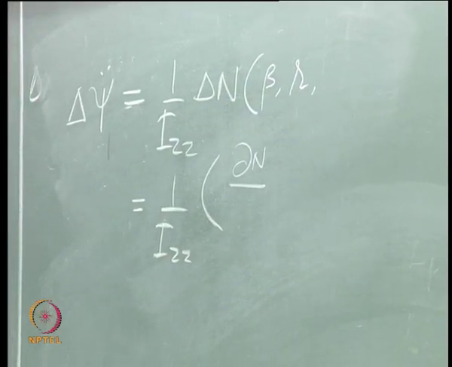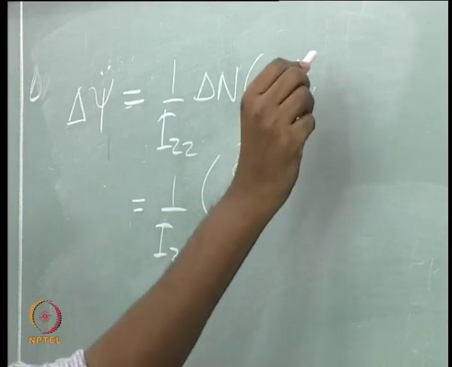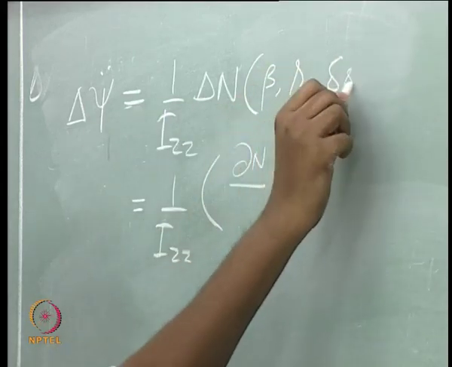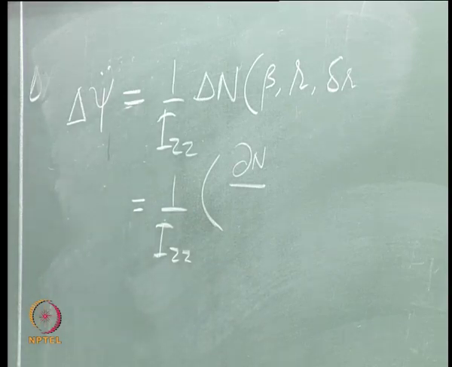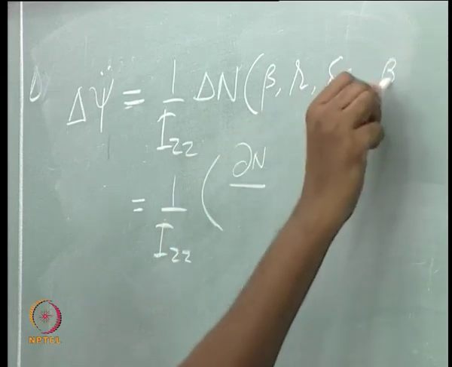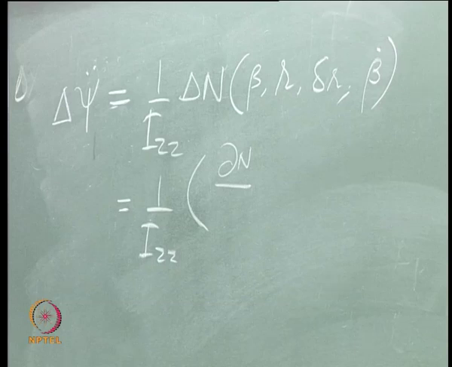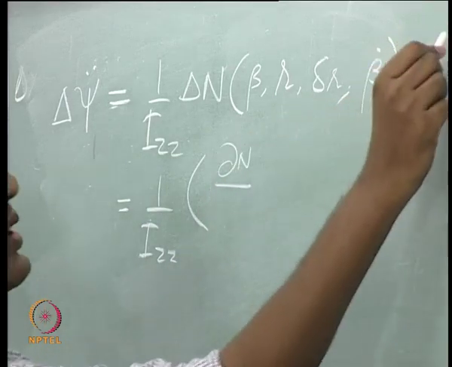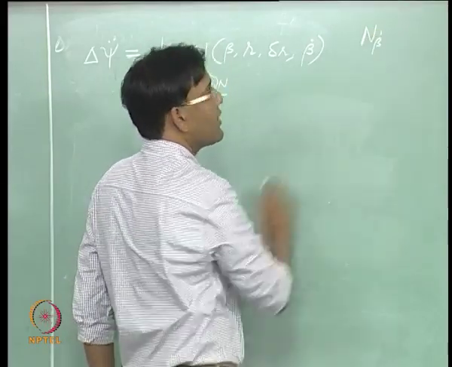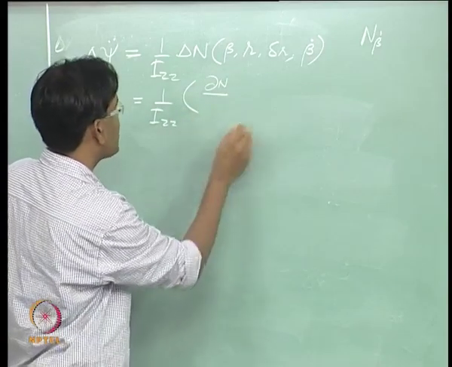In general roll rate also, but here the motion is constrained, so we will not consider the roll rate, beta, r and delta r, and if there is some contribution coming from beta dot, then we have to include that also. But that contribution is usually small. So, I am talking about the contribution which is n beta dot. So, let us look at the expanded form.